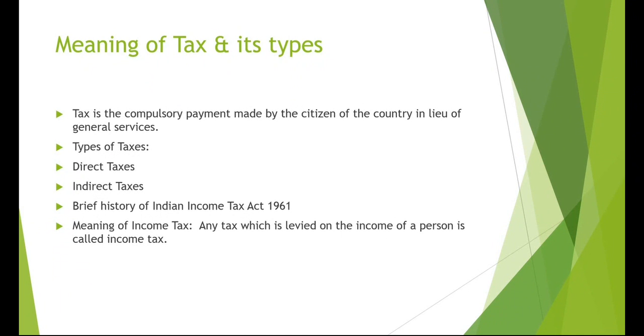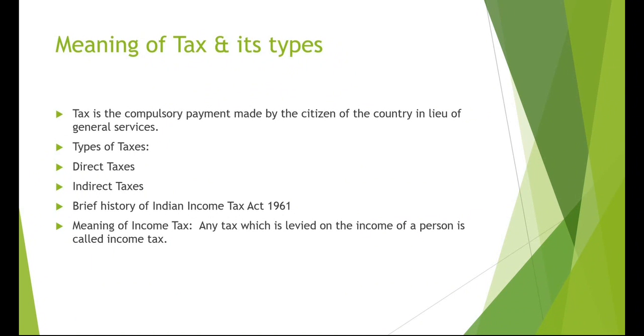And then the indirect taxes. Here the burden of payment of the tax is shifted, or can be transferred, to another person. Say for example, when we purchase a product, the seller is supposed to pay the tax on the sale of the goods, but he recovers the same tax from the buyer. So we are paying goods and service tax, or, say for example, excise duty and customs duty.